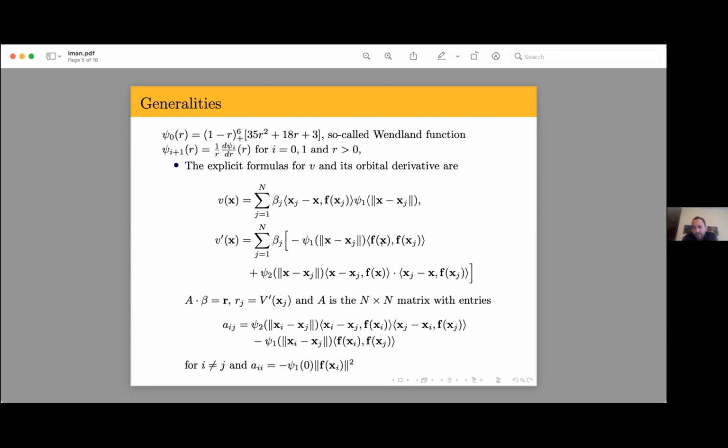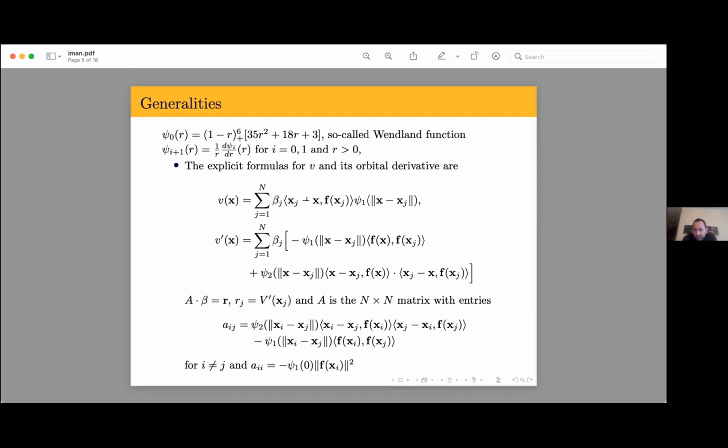Now, since I'm going to talk to you about the code, I already introduced the formula. We use radial basis functions, and we use Wendland functions as radial basis functions. An example of a radial basis function would be something like this. This is a function that is compactly supported, it's a polynomial, and it has some auxiliary functions defined iteratively by this. Now, the explicit formulas to compute the complete Lyapunov function and the orbital derivative are these ones, in which you can see there is an xj, which is a collocation point, and an x, which has no j, that's the evaluation grid.